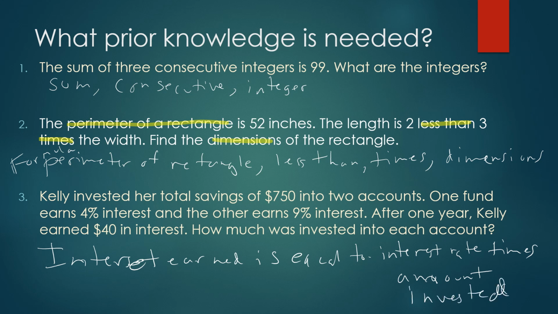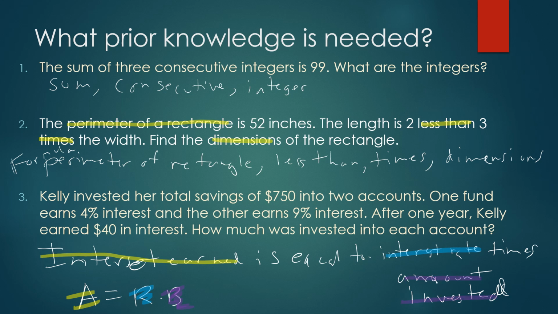Now this is your basic A equals R times B, where A stands for amount, R stands for rate, and B stands for base. In this case, A is your interest earned. Your R is the interest rate. And B is the amount invested.